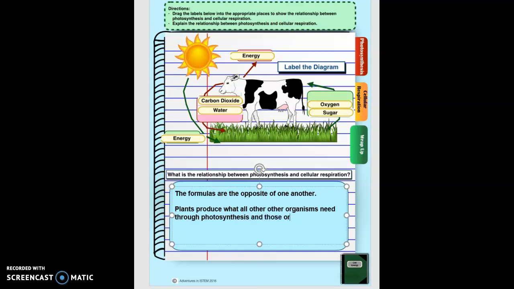And those organisms produce what plants need through cellular respiration. So once again, you can pause this at this point so you can get that all typed down, and hopefully you have everything labeled there.